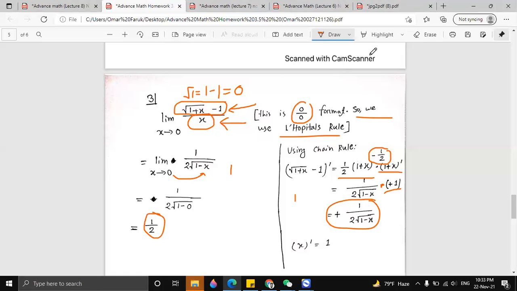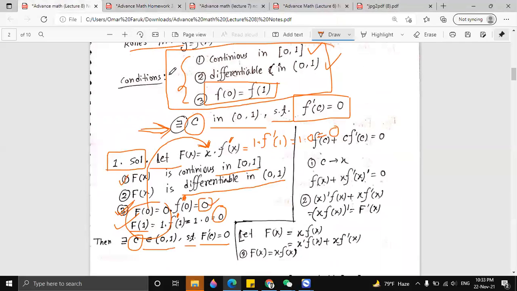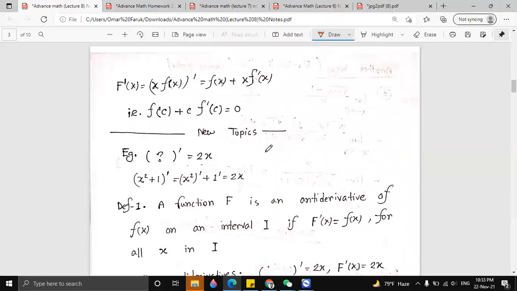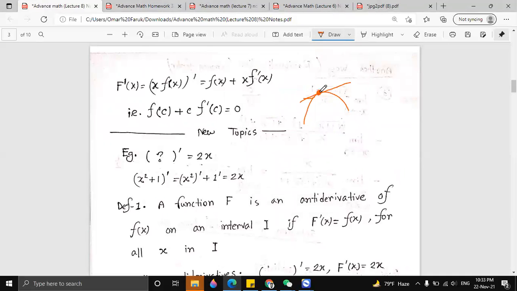Okay, thank you. So now we are moving to our main topic, that is integration. Integration is the opposite form of differentiation. In differentiation, we find the slope of a specific point.